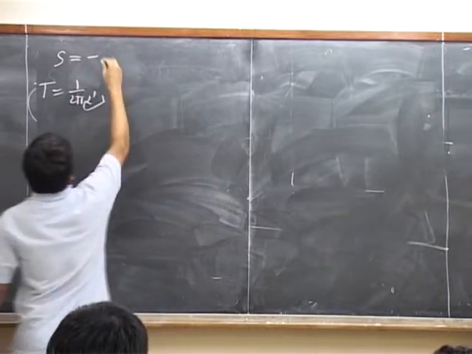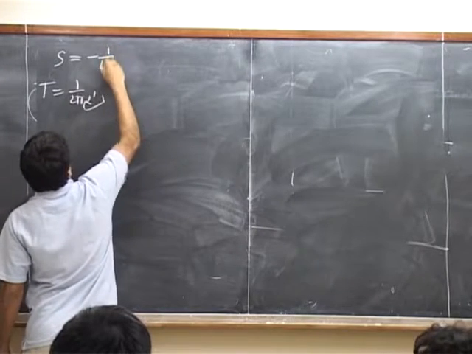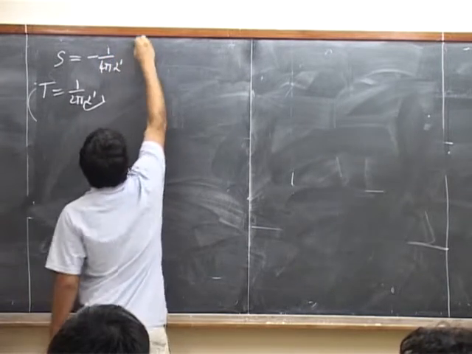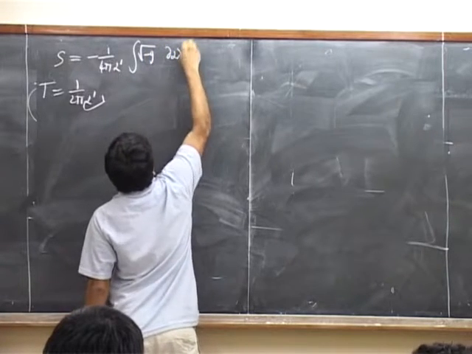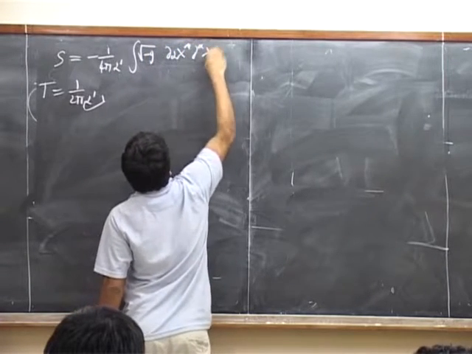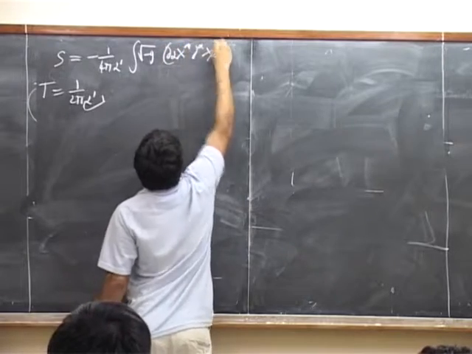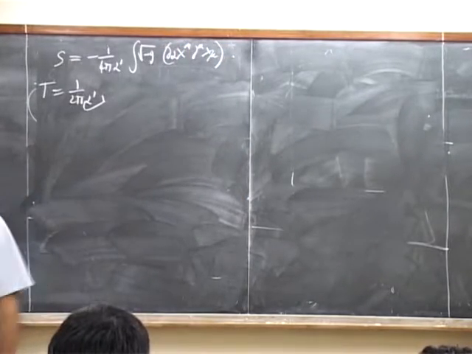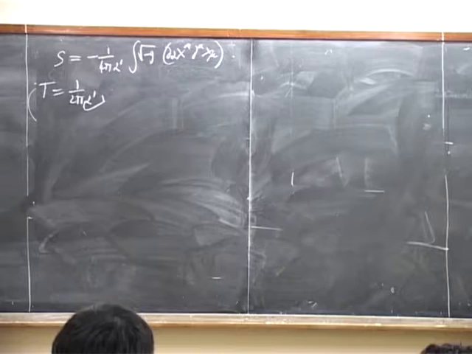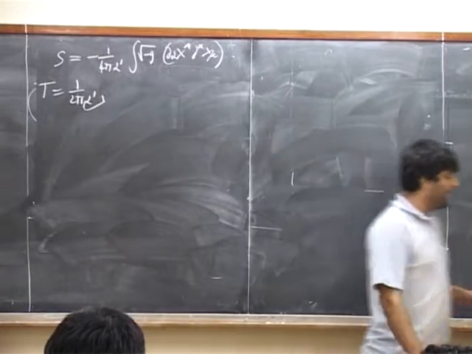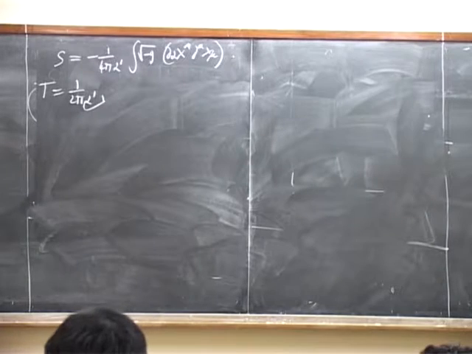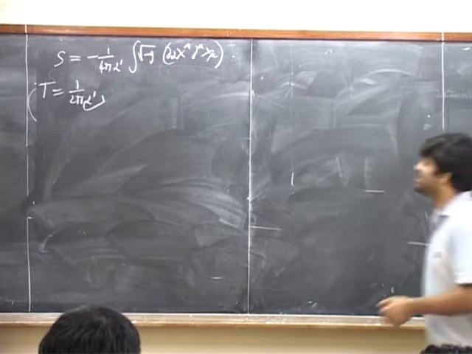So T was this, but now our action was minus T by 2, so minus 1 over 4 pi alpha prime, an integral of square root of minus g, g to the alpha beta, del alpha X mu del beta X mu. We want to understand how to deal with this action, treating reparametrization invariance and Weyl transformations as gauge symmetries.